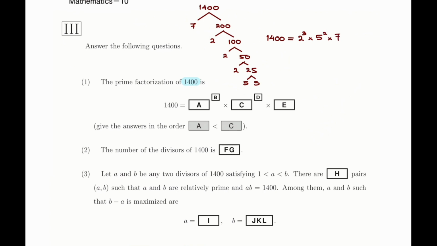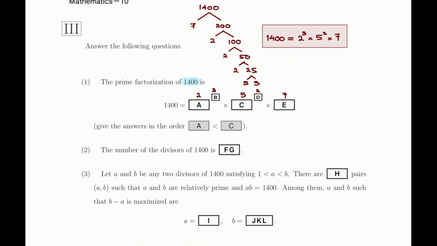So from this answer, you already know A, B, C, D, and E. So A is equal to 2, B is equal to 3, C is equal to 5, and D is equal to 2. Last but not least, E is equal to 7.